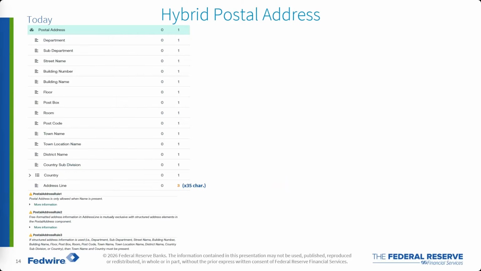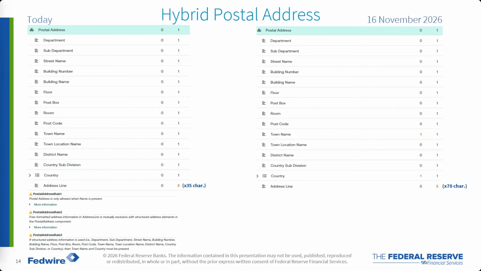Now, what is changing in November? We're moving all identifiers for parties, entities, and financial institutions to the hybrid postal address format. As you can see, the hybrid postal address, as it says, lets you combine structured information with unstructured or free-formatted address information.